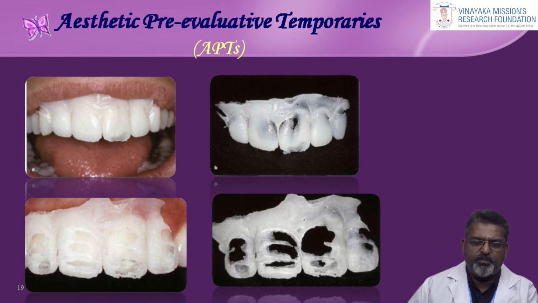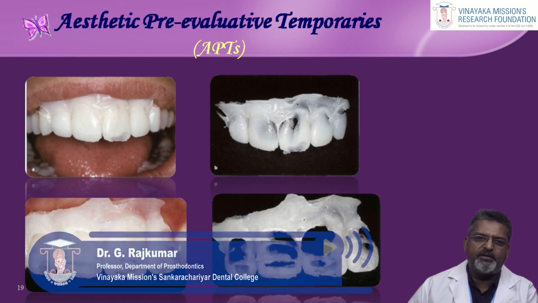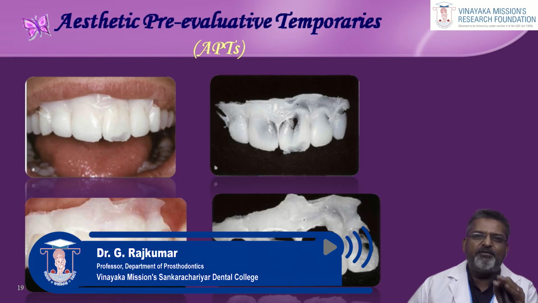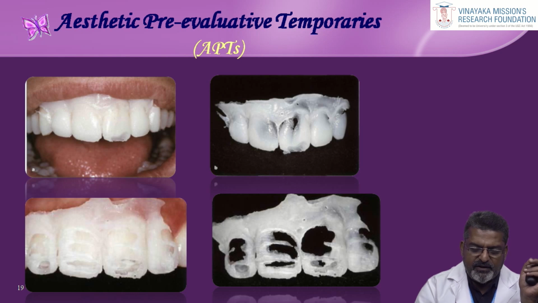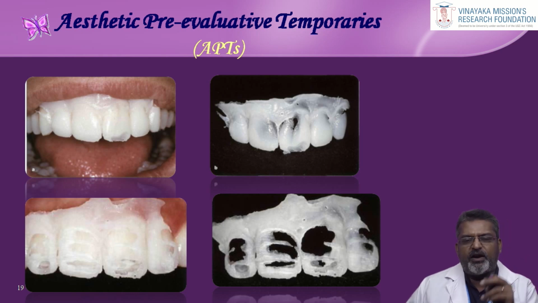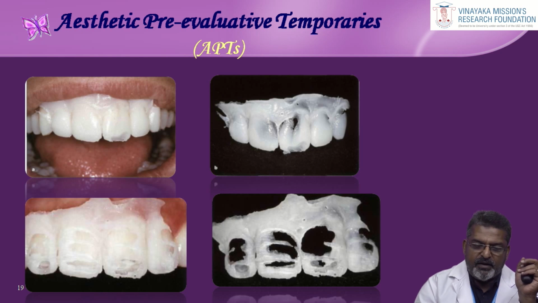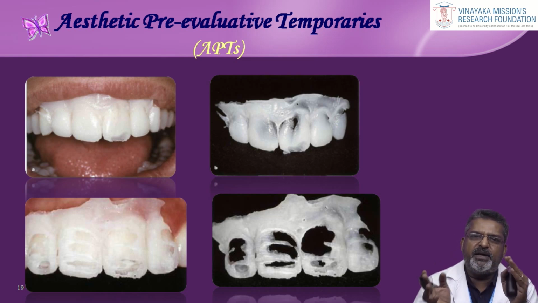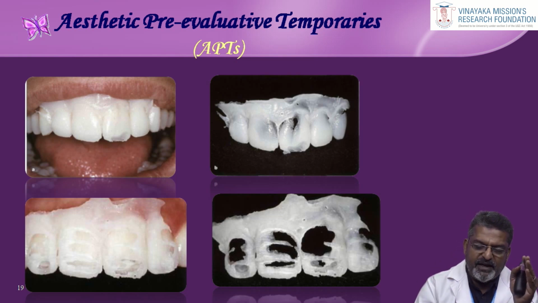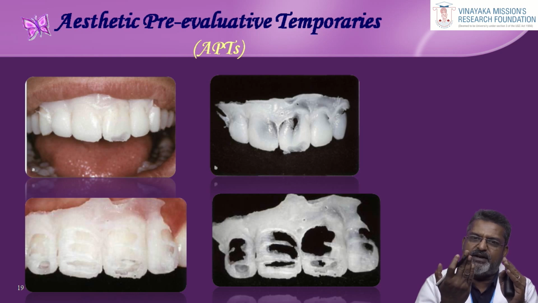So if you do the preparation over your temporaries, you remove only the part which is needed, right. For example, you can see here the tooth is not reduced, but here you have a lot of reduction. So what does it indicate? This indicates that here the tooth was more prominent, so the reduction has to be more, whereas in this area the tooth would have been tilted.